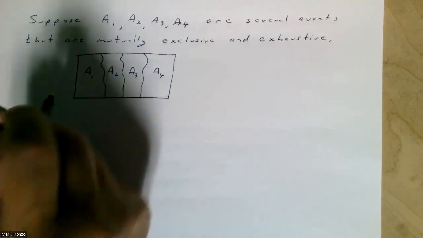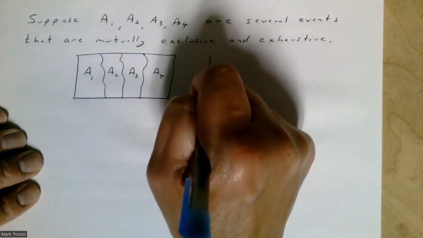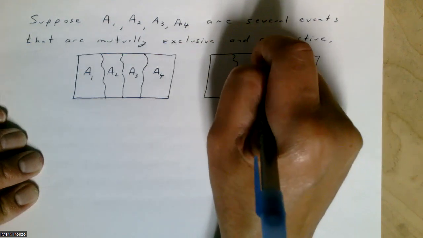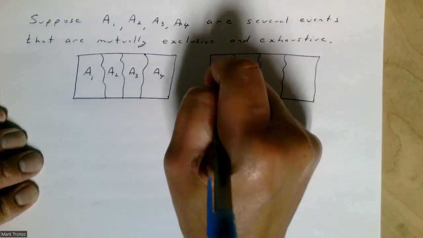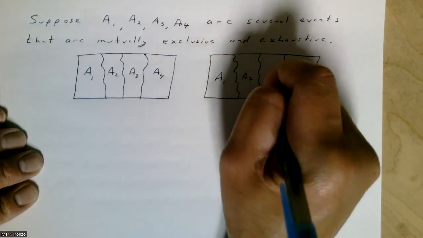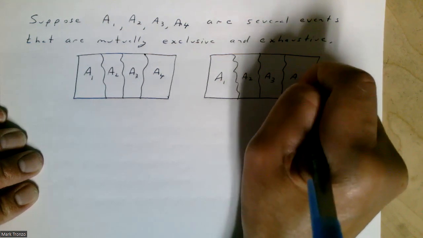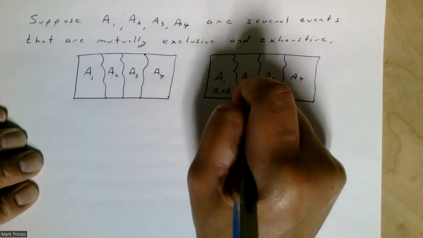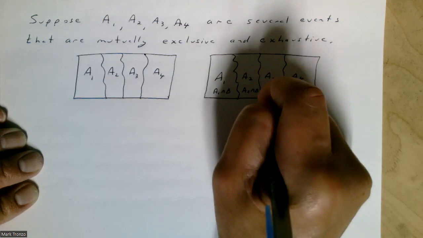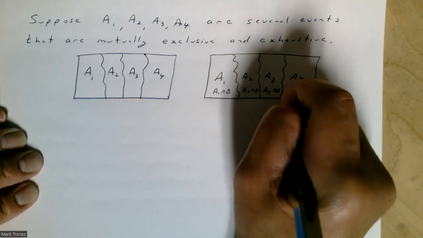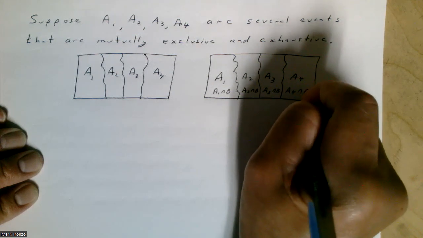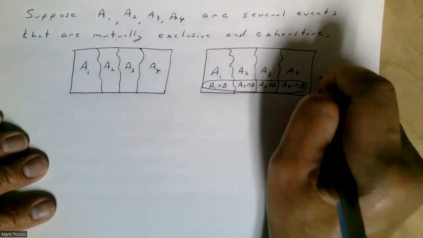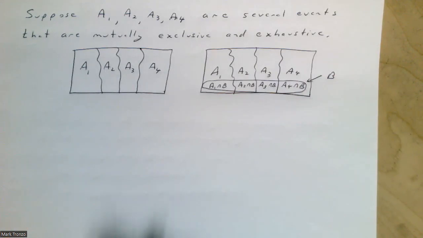And once again, let's suppose you have another set, which we can call B. Over here you have A1 intersection B, A2 intersection B, A3 intersection B, A4 intersection B, like this. The whole thing is the set B.